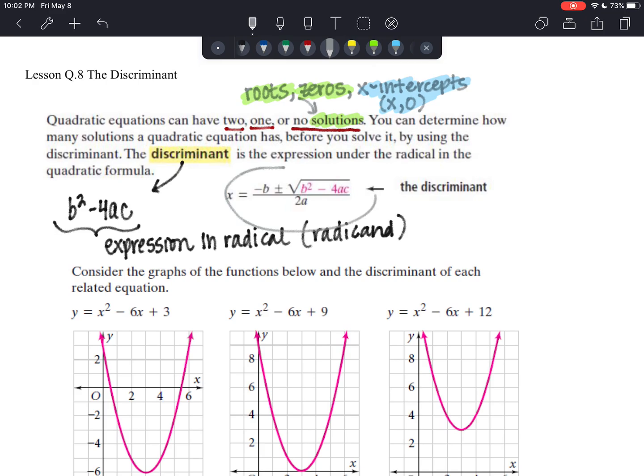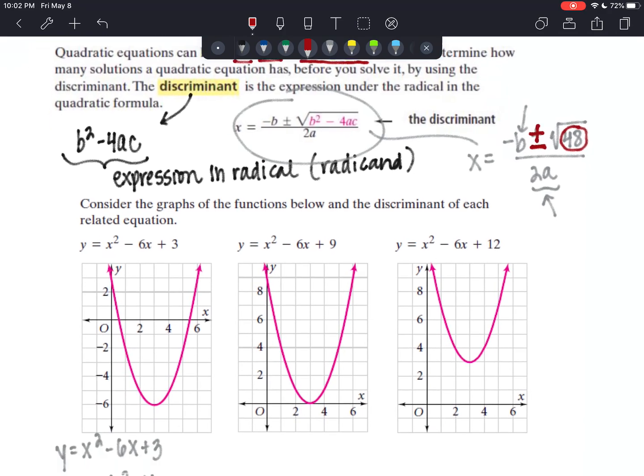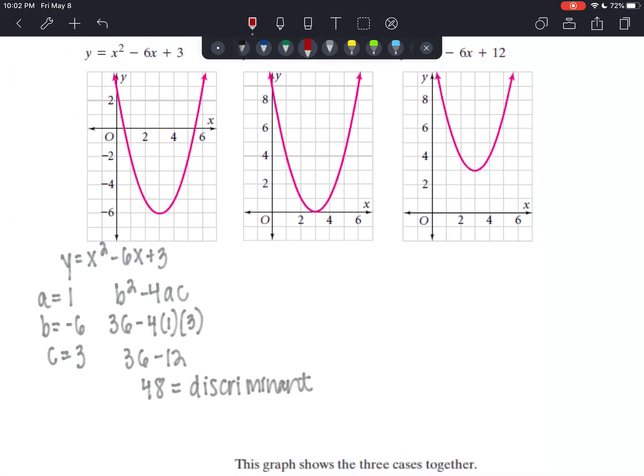So we have to think back and say, okay, x equals the opposite of b, plus or minus the square root. I'm not going to have b, I'm actually going to have whatever that numerical value is. But it's this part that's important, because the square root of a positive number gives us a value that we both add to and subtract from the opposite of b.